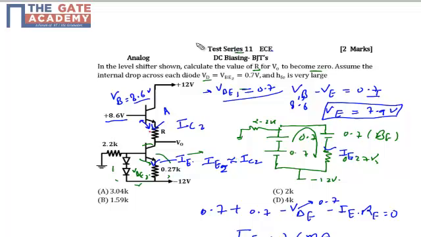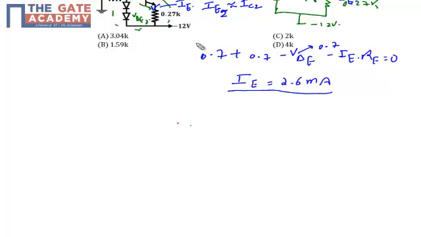So the current across the resistance R can be expressed as IC2, which is eventually the emitter current of the first transistor, equal to (VE minus V0) upon R.